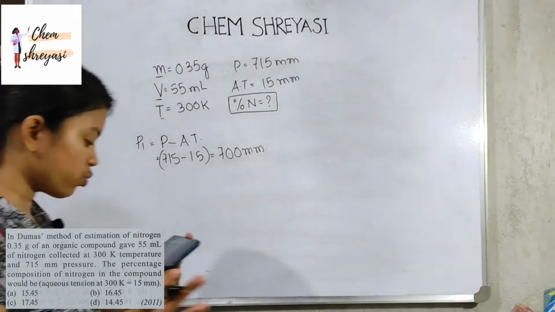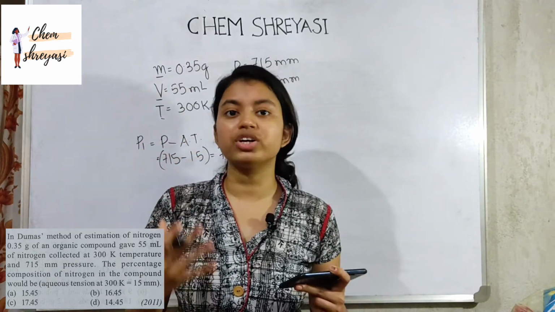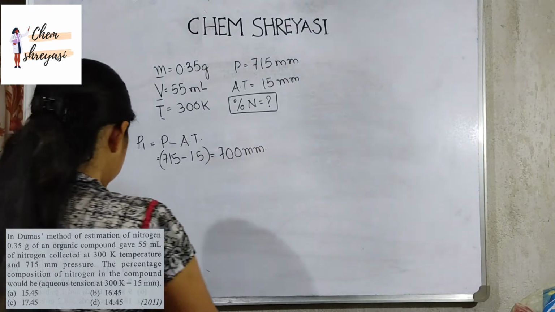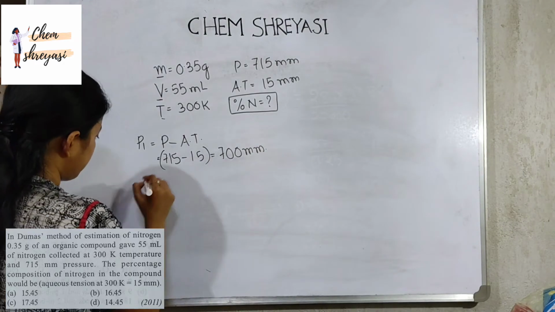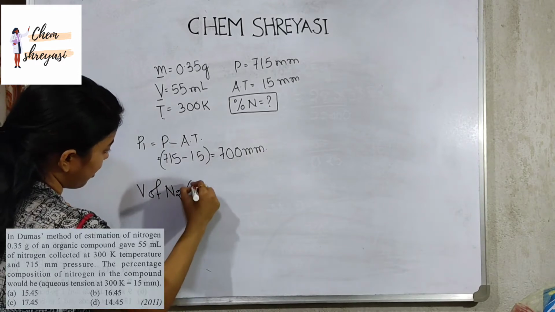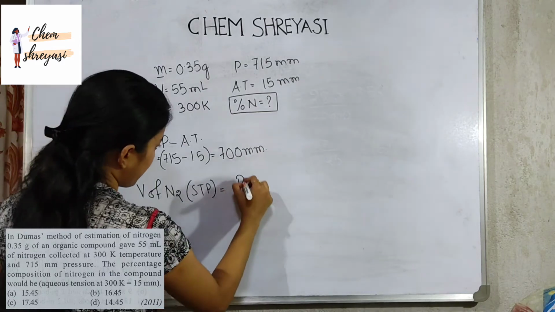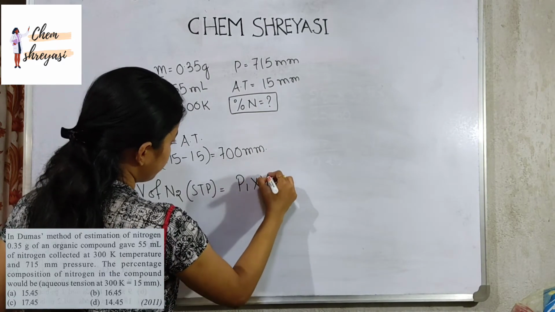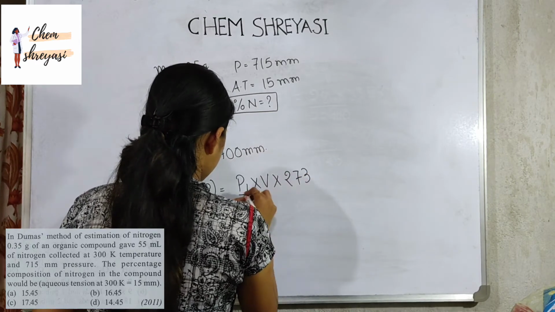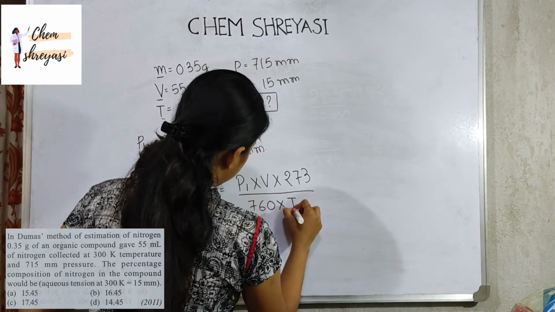Now our next work is to find out the volume of the nitrogen at STP. For this we have a formula. The volume of N2 at STP is P1 into V into 273 divided by 760 into temperature.